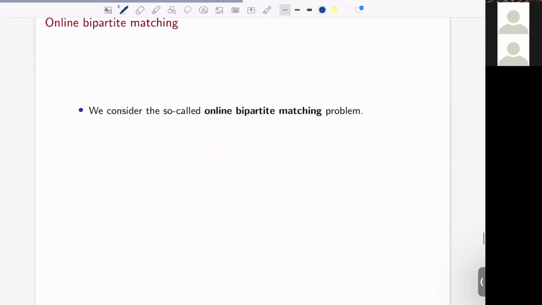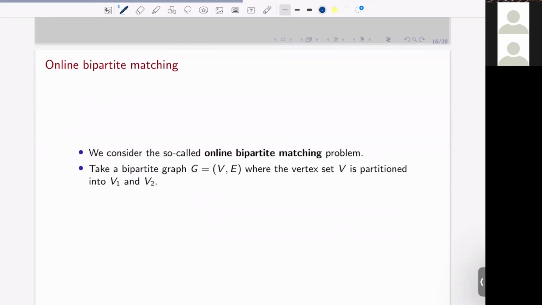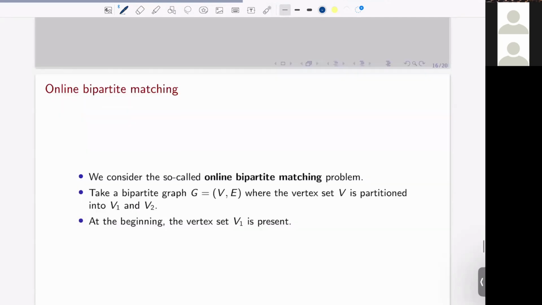This is called online bipartite matching. Let's say I have two sides of vertices, V1 and V2, and V1 is present. It's like I have a list of weapons in the missile defense system, but I don't know about the vertices from the other side.